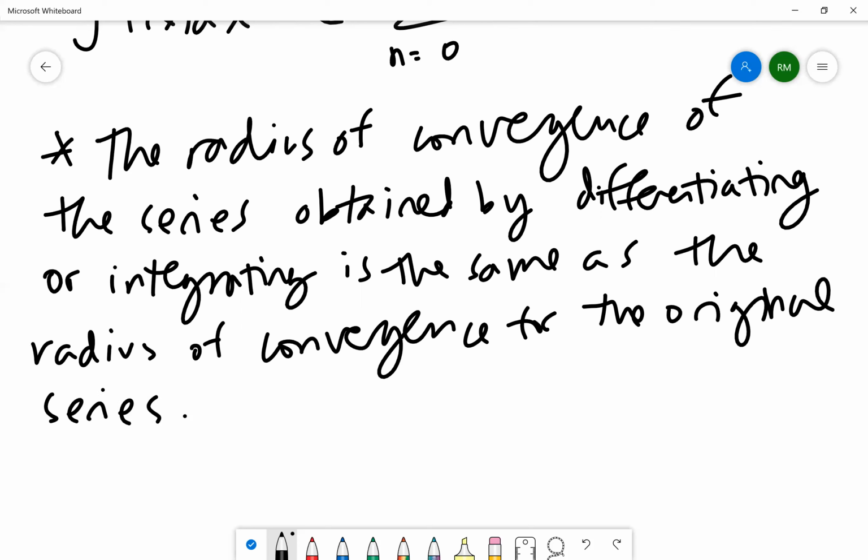All right, the only thing that can change is what happens at the endpoints.